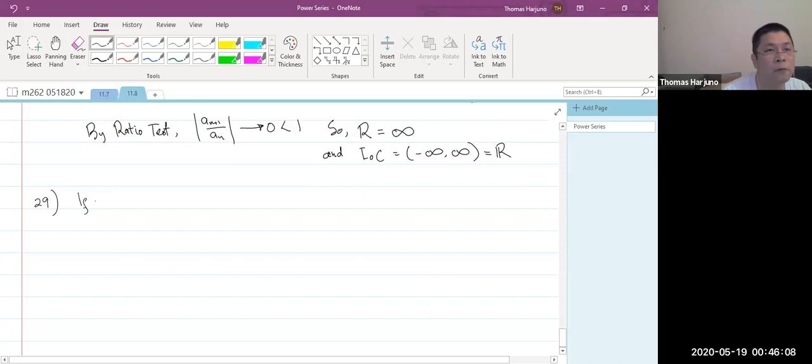If the series sum of Cn 4 to the n, from n equals 0 to infinity, is convergent, suppose that's convergent, then what can you say about the radius of convergence?